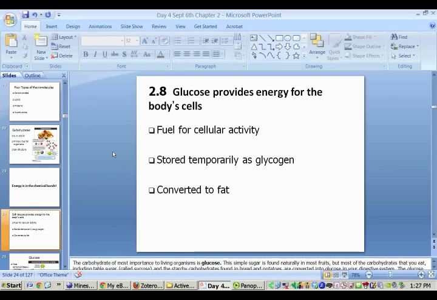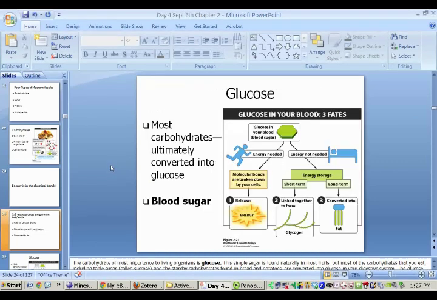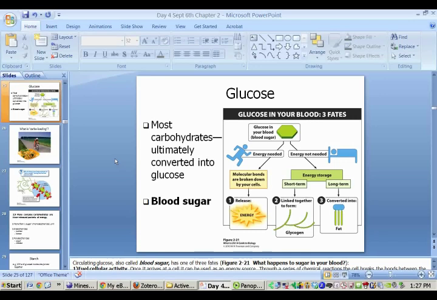It's temporarily stored as glycogen, which is stored in your liver and released as needed. If you eat too many carbohydrates, it can be converted to fat within your body, and that's what can eventually build up and cause some health problems. Glucose is ultimately what most carbohydrates you eat are converted into, and this is what makes up your blood sugar, the amount of sugar in your blood that can be used for energy.